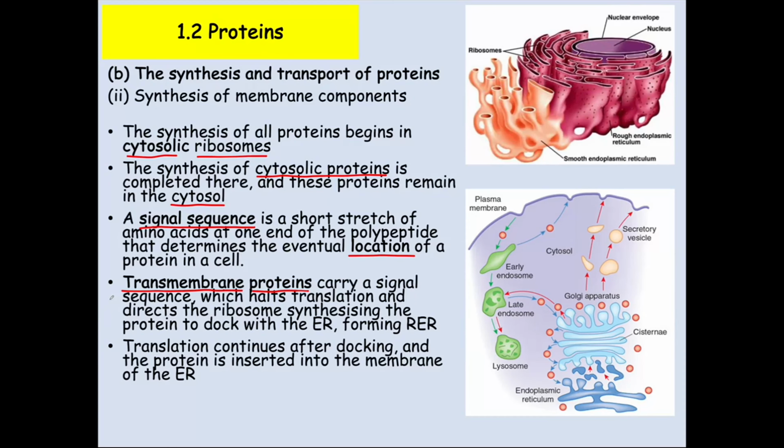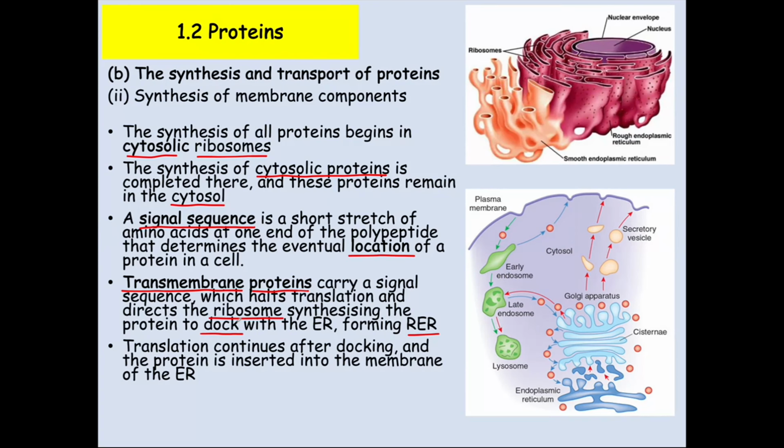The ribosomes that are synthesizing them instead will halt translation at the point of the cytosol, and they will direct themselves towards the ER, and they will dock with the ER to form the rough ER. So those ribosomes that were synthesizing the protein will then dock with the ER to form rough ER.